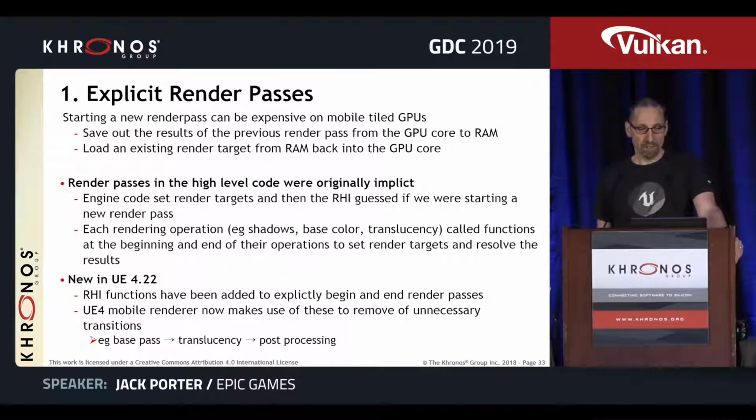And so in the latest version of Unreal Engine that's coming out in early next week, I believe, the RHI functions for explicit render passes will be enabled in the mobile renderer, and we're making use of that to remove unnecessary transitions. For example, between our base rendering pass to translucency and post-processing, we want to avoid unnecessary transitions and keep everything inside the GPU core.